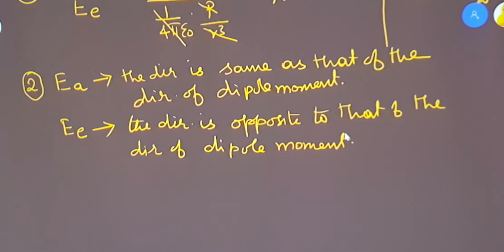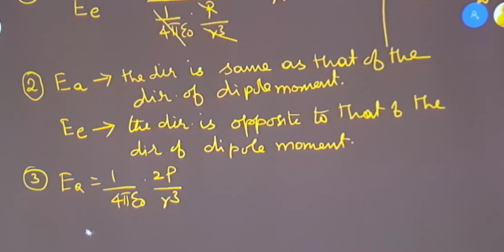What is the third inference? Let us write the equation again. Electrical field at a point along the axial line is given by EA equal to 1 by 4 pi epsilon 0, 2p divided by r cube. Similarly, electrical field at a point along the equatorial line is 1 by 4 pi epsilon 0, p divided by r cube.